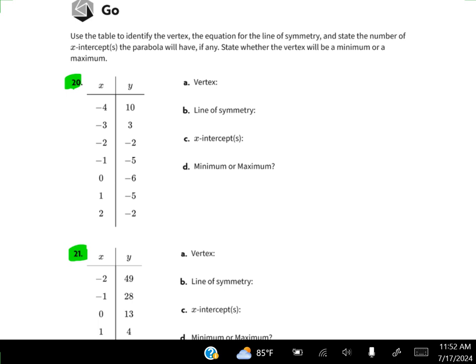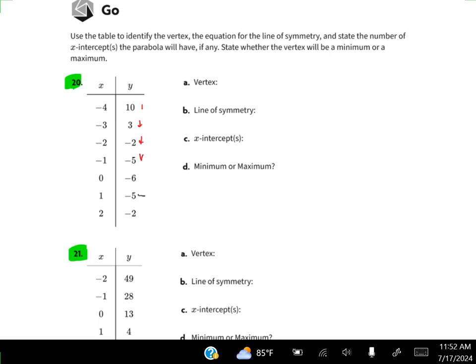we can see, okay, so we're dropping from 10 to 3, so we're going down, down, down, and then right at this point, we start to go back up. If you look at the y values, this is decreasing to get to 3.